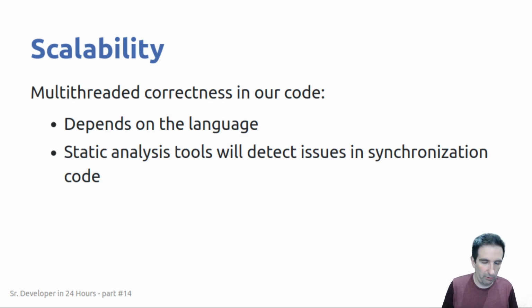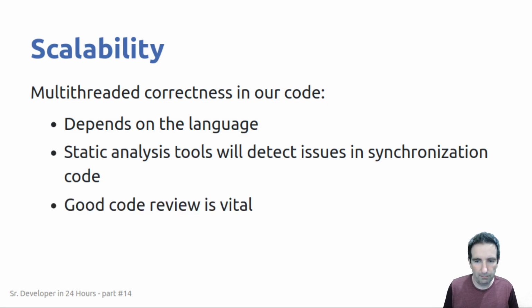If we have synchronization code, for example, Node.js, because of the way it's built, doesn't have any synchronization because it is somewhat single-threaded, even though it has some multi-threaded functionality on the back. Good code review is vital. We want to make sure that senior developers or developers that have experience with multi-threaded code are reviewing those critical pieces of code.